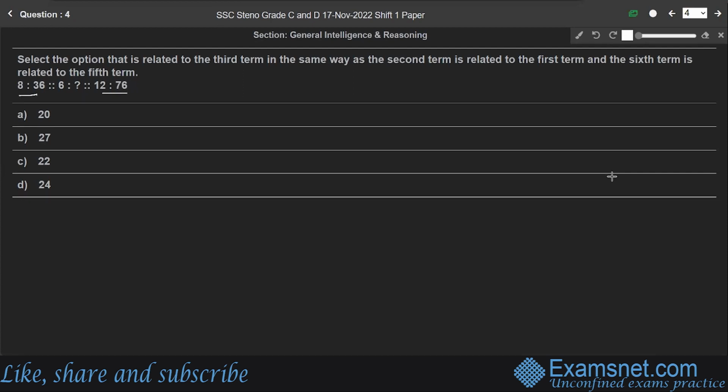To find the relation between them, the first term is 8. To get the second term, the logic is 8 into half of 8. 8 by 2 is 4, so 8 into 4 is 32, plus 4 gives 36.